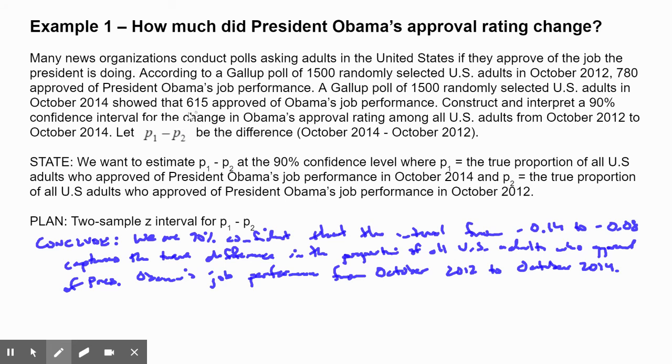Okay, and again, they use the word change, I use the word difference. It doesn't matter, right? These are difference problems.